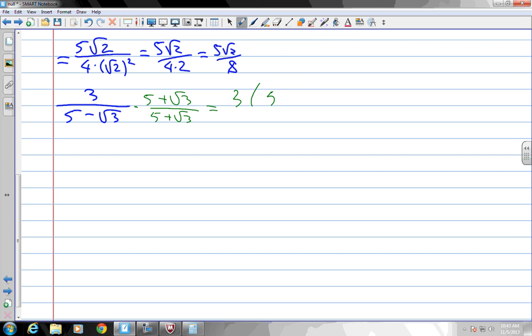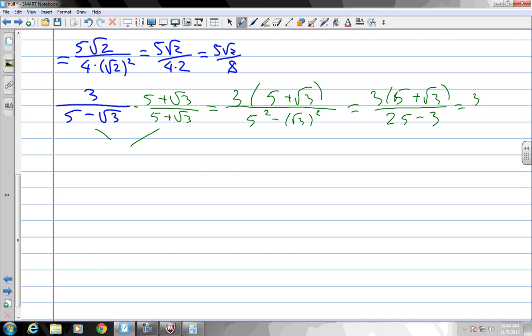So that's 5 plus square root of 3 over, so this product is just difference of squares, so that's 5 squared minus the square root of 3 squared, right? Difference of squares. So this becomes 3 times 5 plus square root of 3 over 25 minus 3, right? So 3 times 5 plus square root of 3 over 22. And you can leave it like that. Your denominator now is an integer.